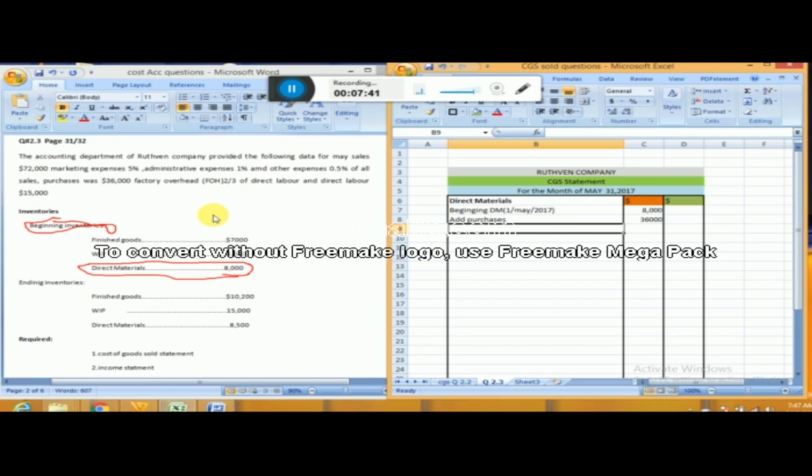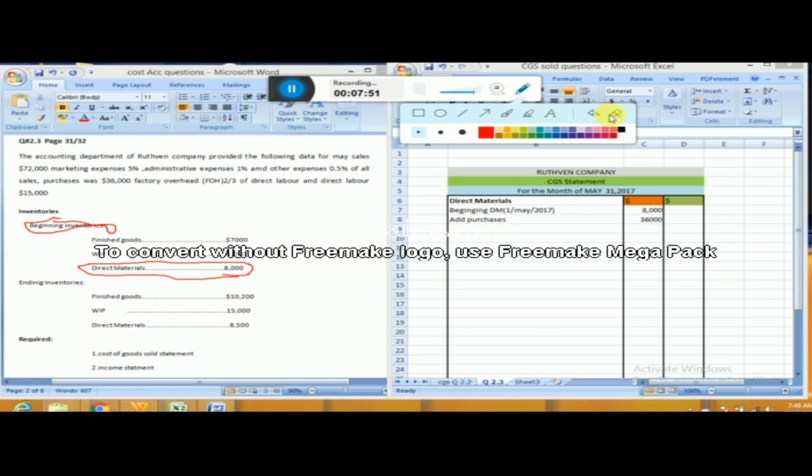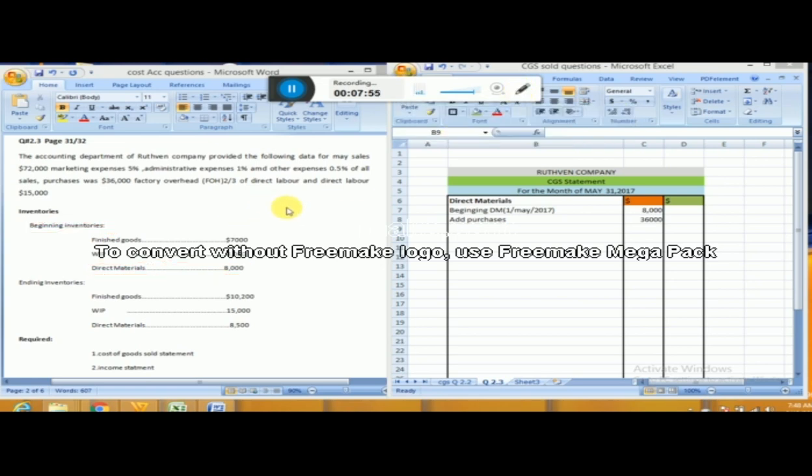So we will check whether purchase returns are given in the question or not. If we look, no purchase returns are given, means there is no purchase return, so that is our net purchases.